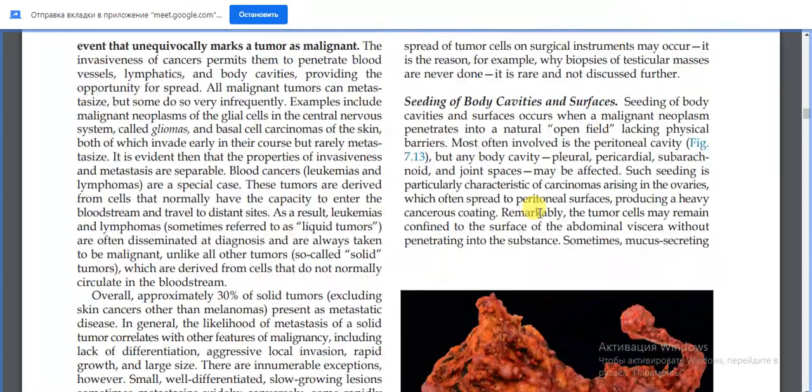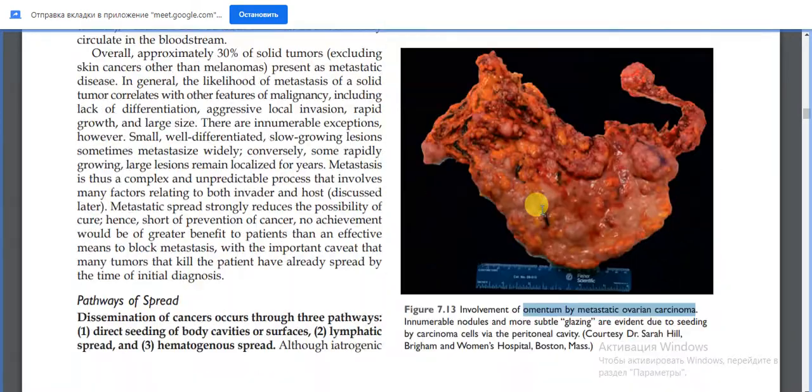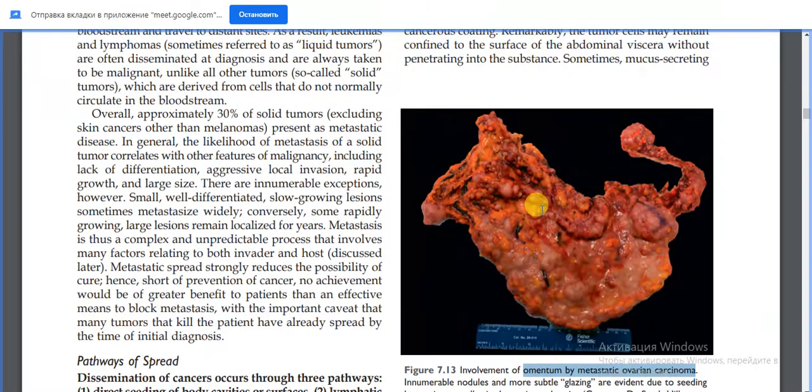They can also spread directly to other organs. It is local metastasis. It happens when a tumor appears in one organ and then invades not only the connective tissue under this organ, but another organ.